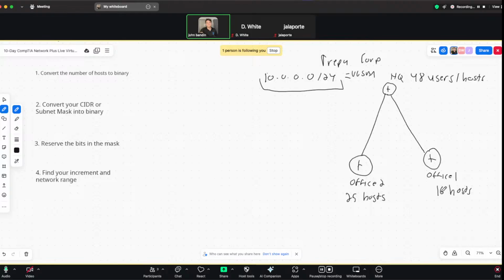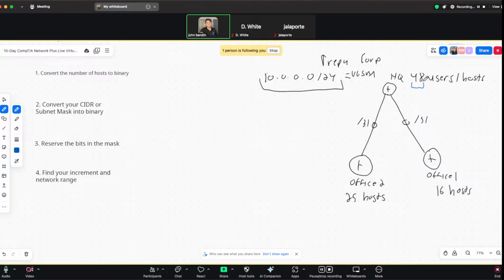And so we have this subnet, this subnet, and this subnet. Now I know this point-to-point connections will also be a subnet as well. We'll put those as /31. We'll do those at the end. So we're breaking down really 5 subnets from our original subnet here, /24. Okay, so step 1, convert the number of hosts to binary. So when we're subnetting, we always start at our largest host requirement.